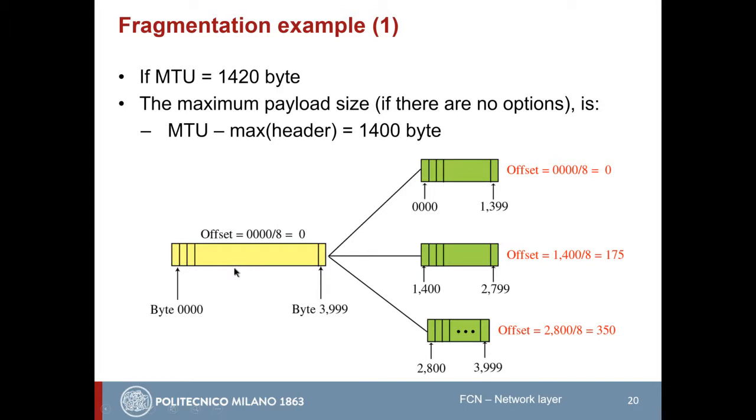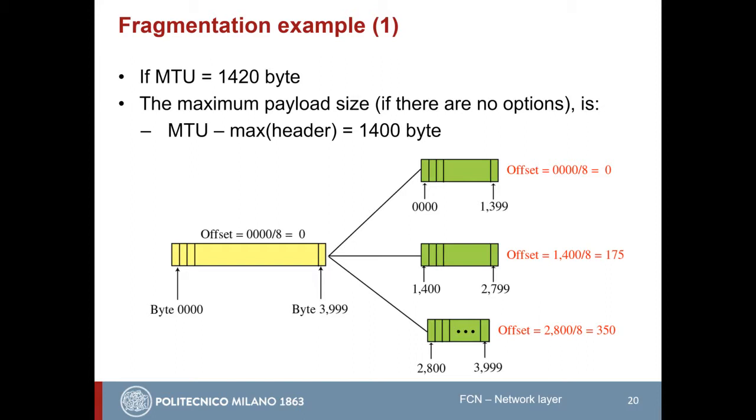So byte numbering does not concern the header, only the payload. This yellow box represents the payload of the original packet. You can see byte 0 is the first one, and the last one is 3,999.